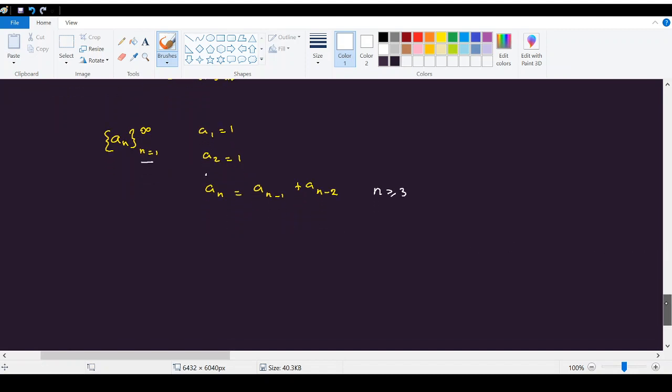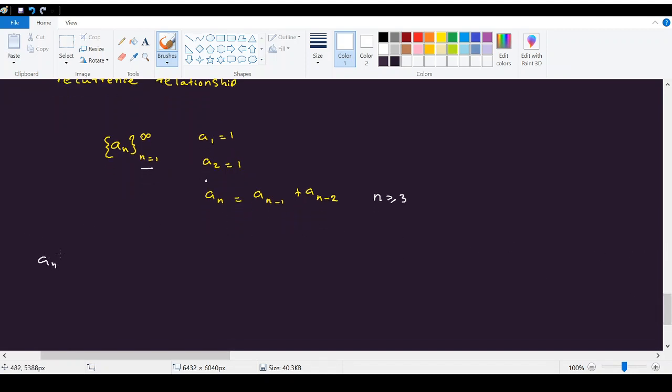So if we write down the sequence in the form of a list, what will happen? Now we start the list from 1, and this is the a1 term, right? And then we should have the a2 term, that is again 1. And how about a3? To compute a3, we will need to substitute n equals 3 in the third equation.